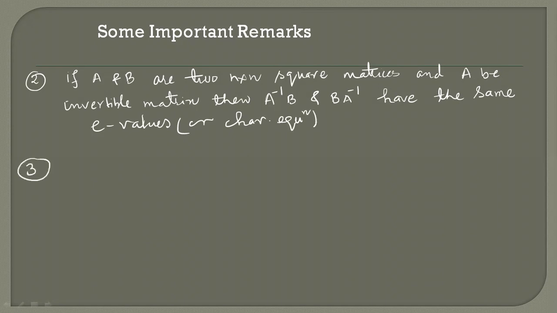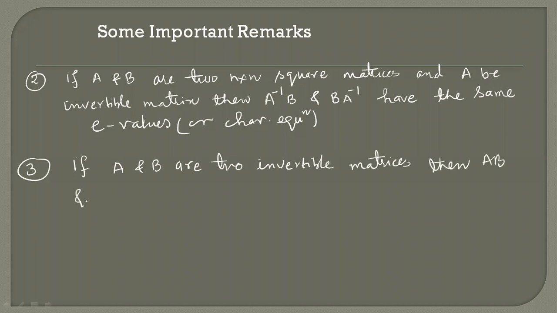Third remark is, if A and B are two invertible matrices, then AB and BA have the same characteristic equation or eigenvalues.